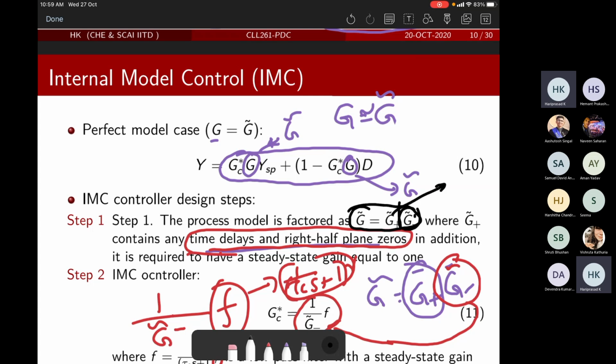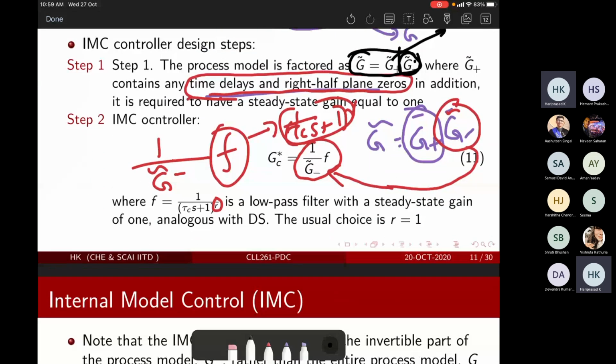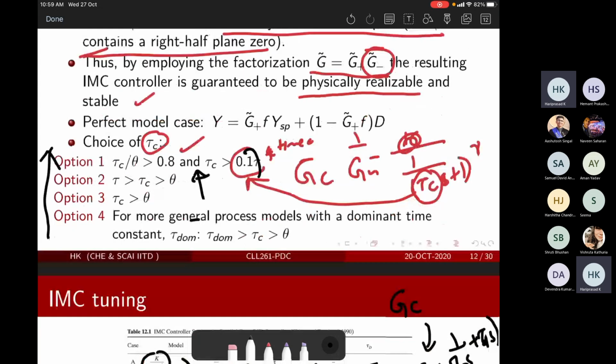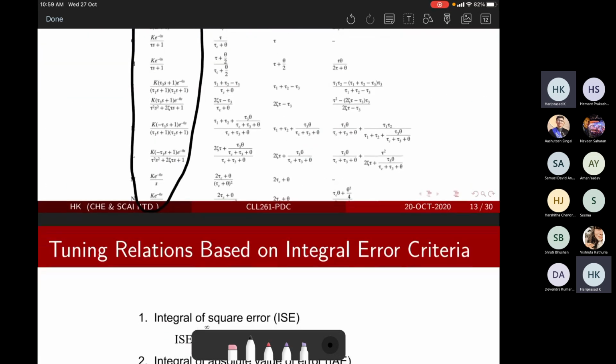Use the term that contains only rational terms, take the inverse and multiply with f. f could be 1 by tau c s to the power r. r is usually taken to be 1 unless otherwise specified, otherwise it would be given to you. And how to get tau c, they have given multiple options, and the most widely used is option 1. If you are solving it, you might find that option 1 most likely would give reasonably good results.